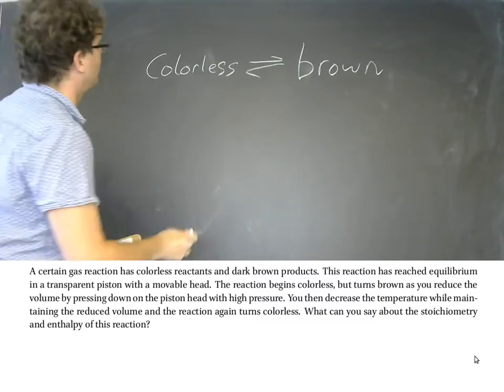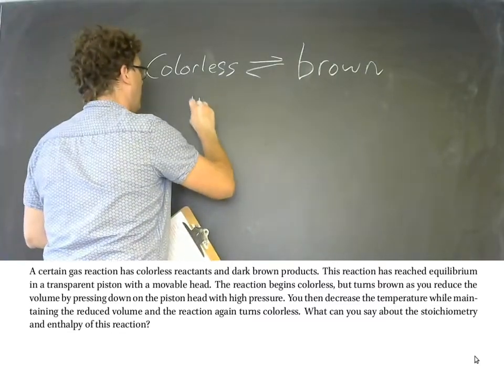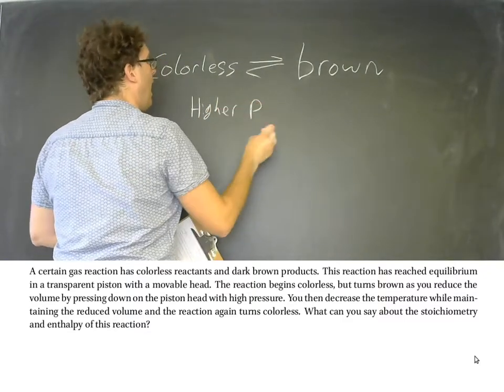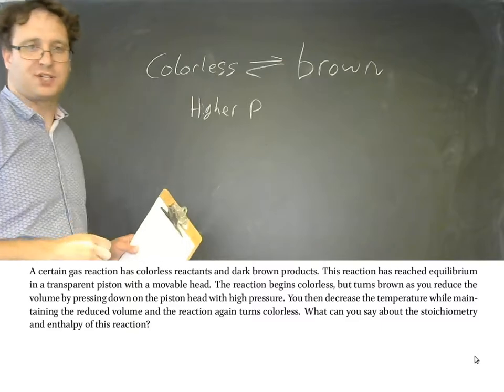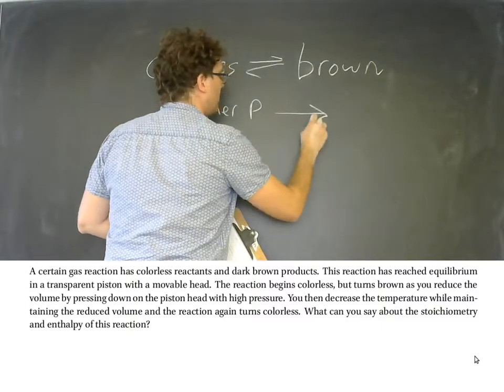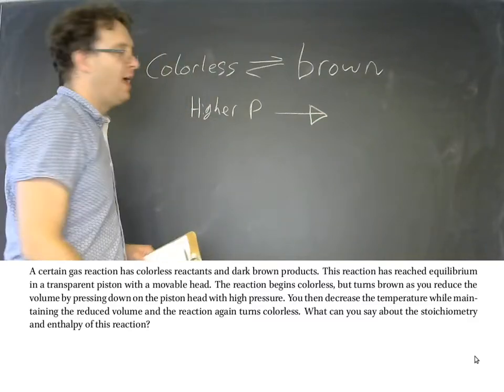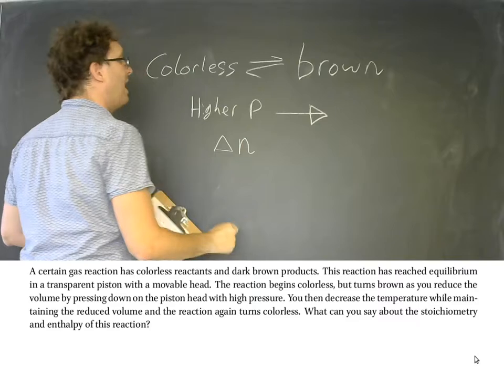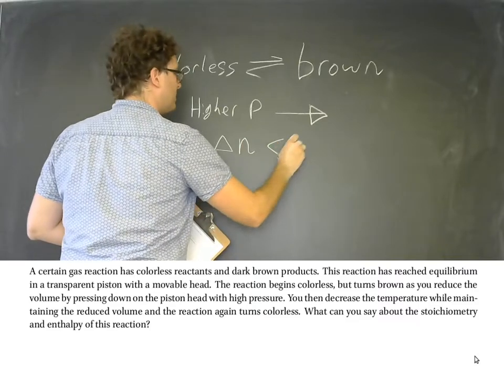If we have a higher pressure, which way did that shift the reaction? From colorless to brown, higher pressure shifted it to the right. And so this tells us that delta N is going to be less than 0.